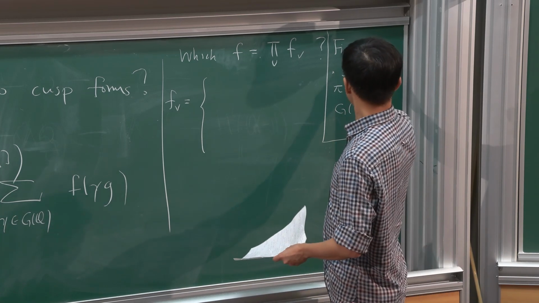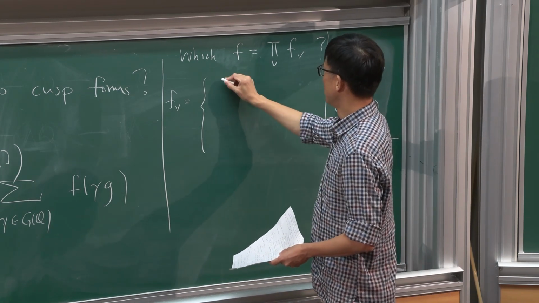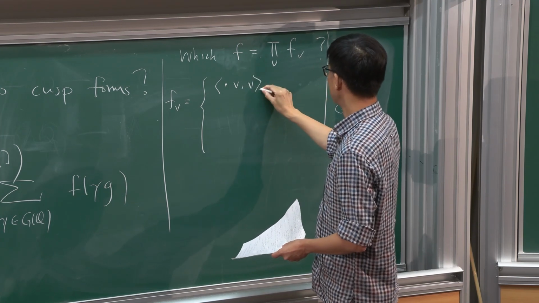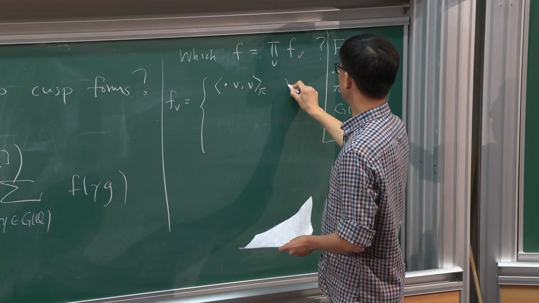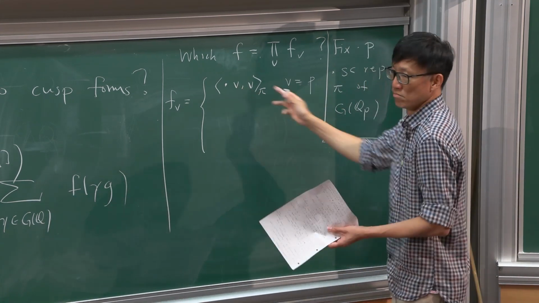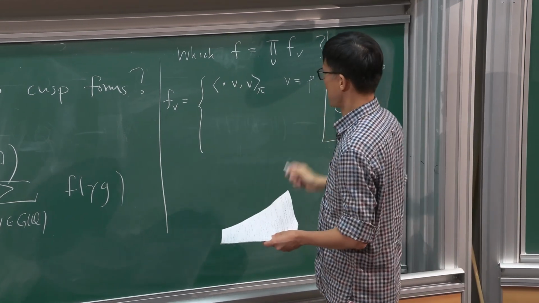So having fixed p, at the place v equal to p you take a matrix coefficient of pi, where w is some vector in pi.